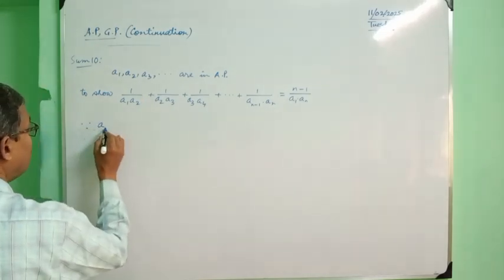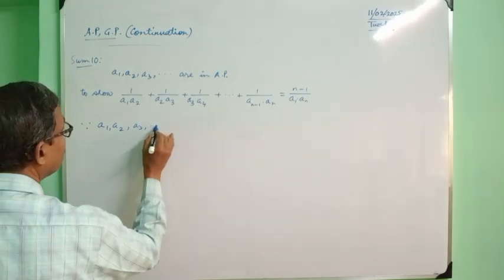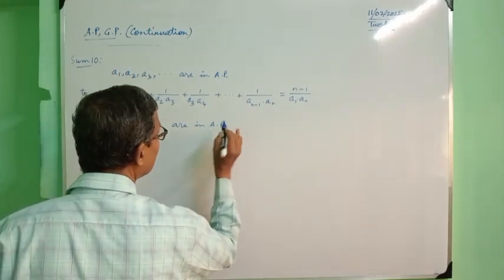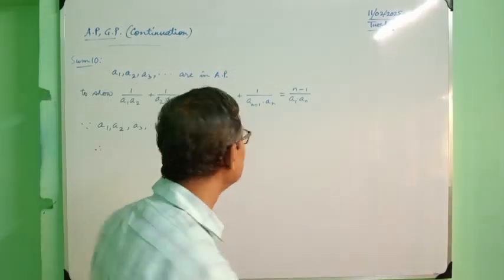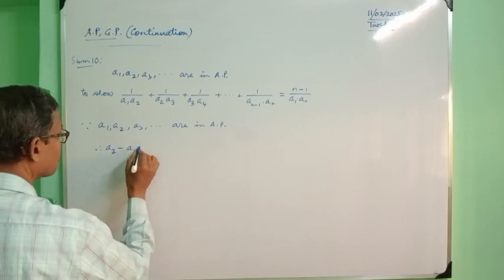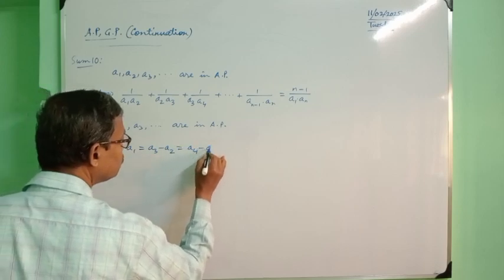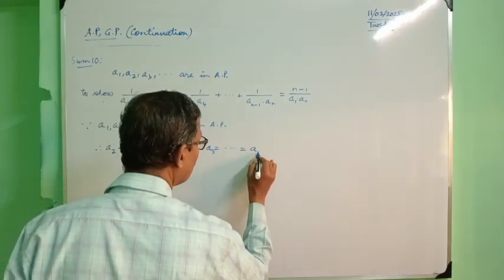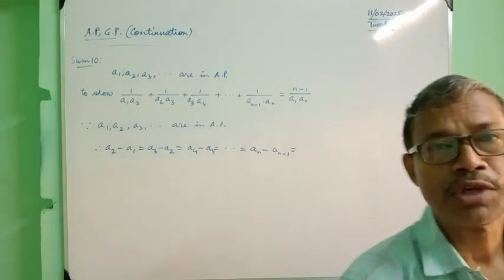Since A1, A2, A3 are in AP, therefore the difference of two successive terms will be equal.